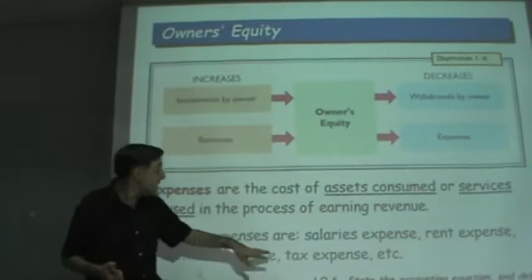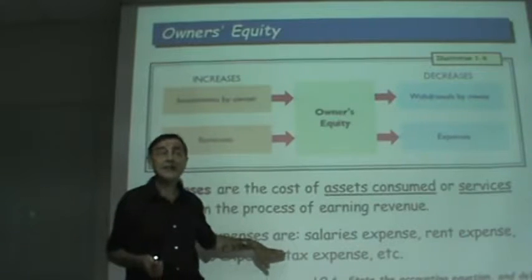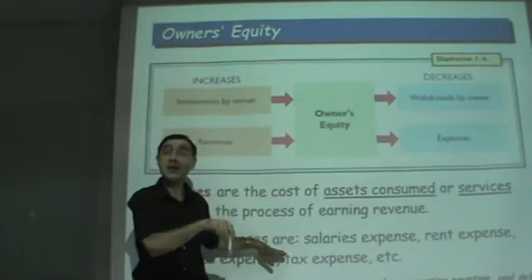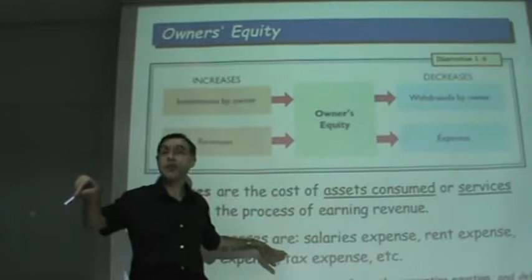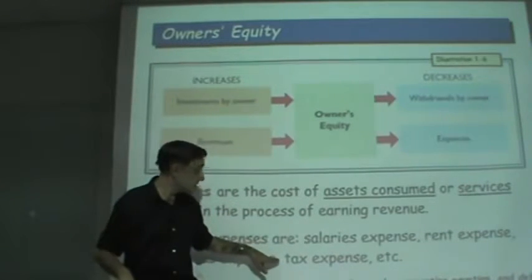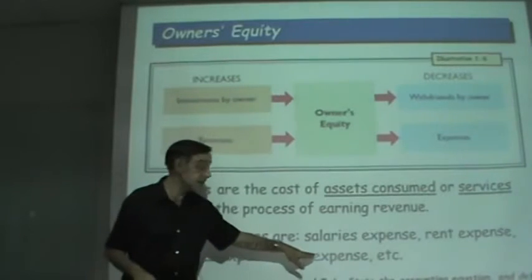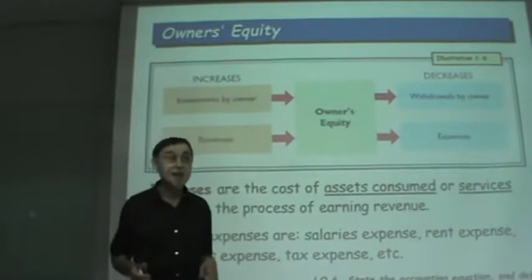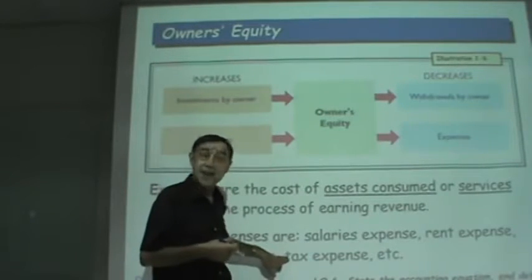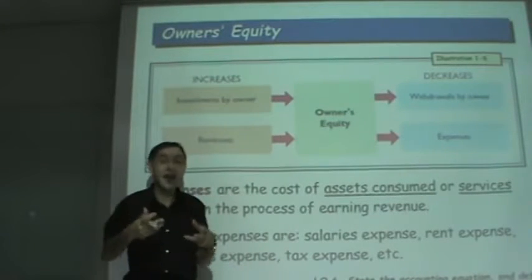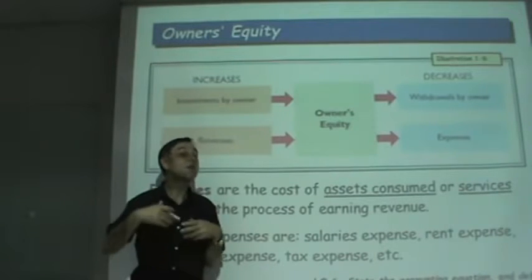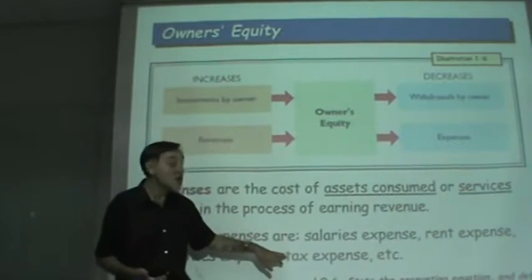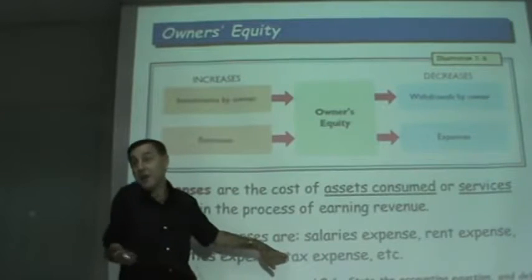Okay? And taxes. Taxes, meaning money paid by the business to the government, are treated as an expense. It's a tax expense. It is essentially an expense for having the permission from the government to run your business. In order to run it, you got to pay the government.